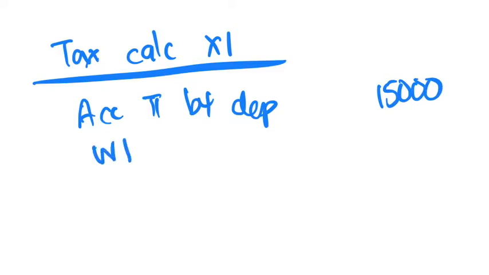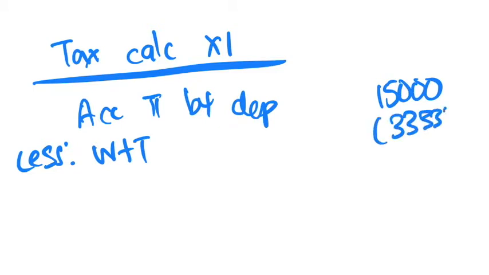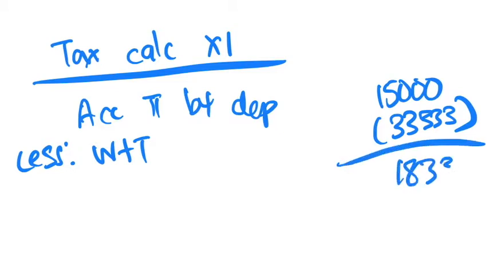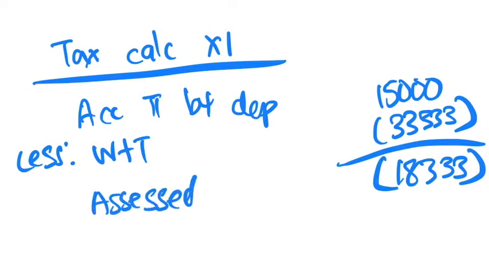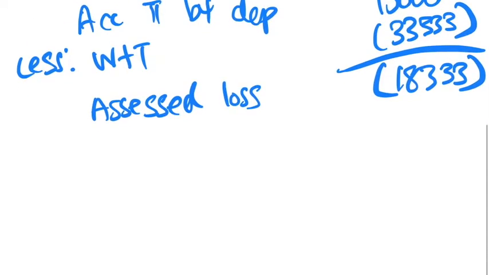Then we're going to take off our wear and tear, and our wear and tear is 33,333. So that brings us to 18,000, okay, 333. And over here we can see that we have an assessed loss. And an assessed loss, okay, basically means that we're not going to pay tax this year, but we are going to carry this assessed loss forward until we're in a position that we have taxable income, and then we're going to utilize the assessed loss against that taxable income. Okay, now that's year one.